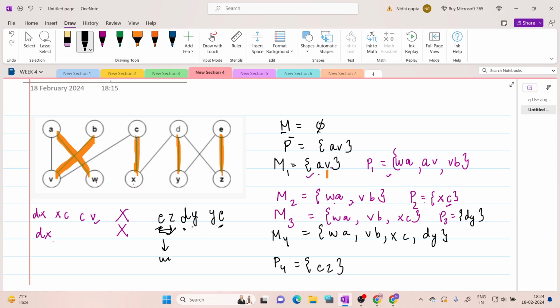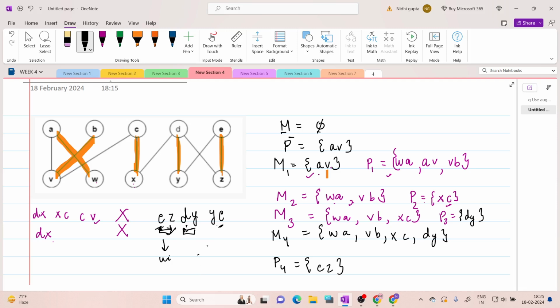An augmenting path is an alternating path between unmatched and matched edges, and DY is not a matched edge. After EZ you cannot go to DY. If it is a path, from Z you have to go to some vertex. So EZ, DY is not a path.